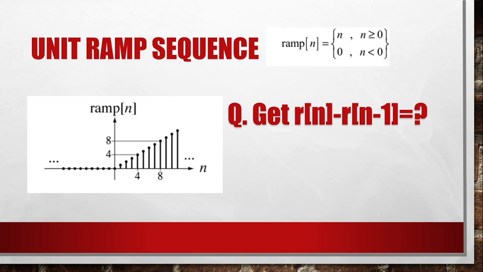Here we substitute this continuous t with sequences. When we do sampling, we replace t with nT, where n is the sequence index and T is the sampling time period.